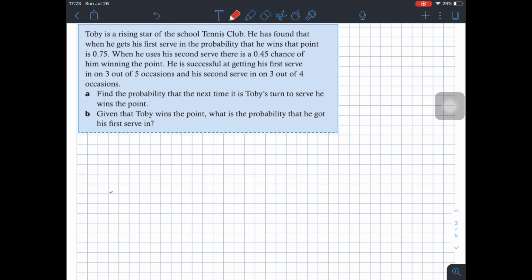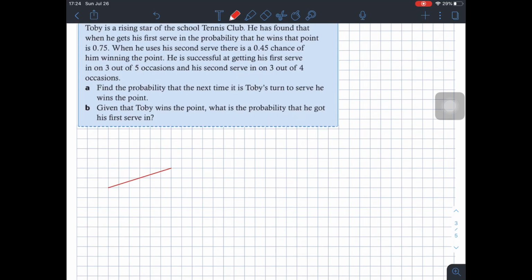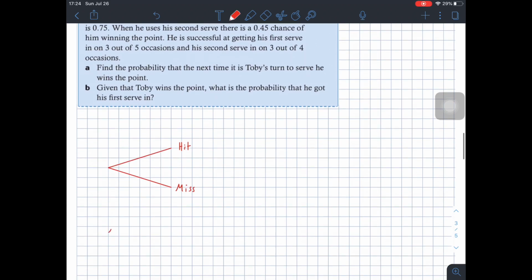For the first serve, we have 2 options, right? Either we hit the first serve in, or we miss our first serve. So miss here. So I'm going to write here that this corresponds to the first serve.